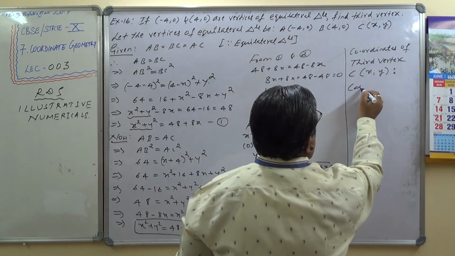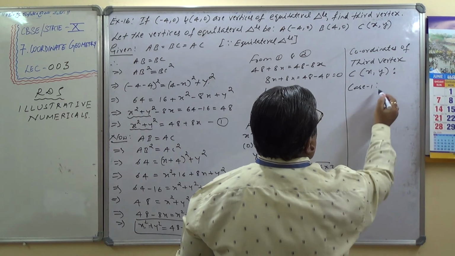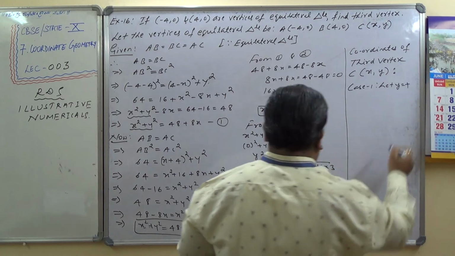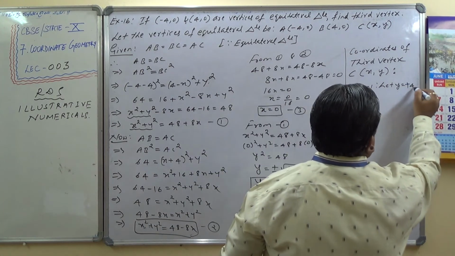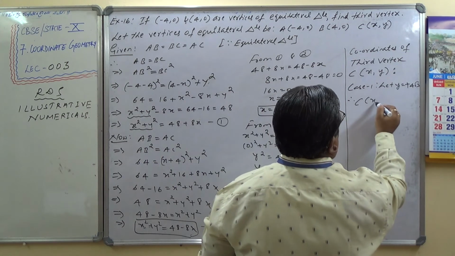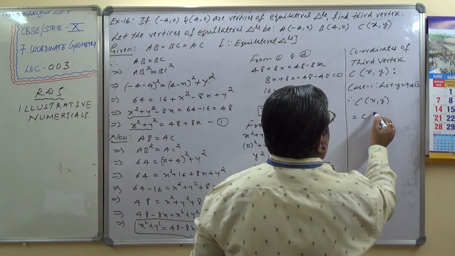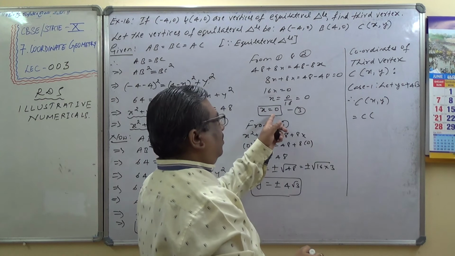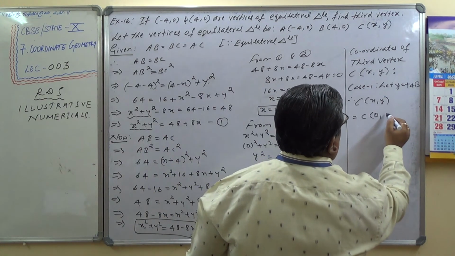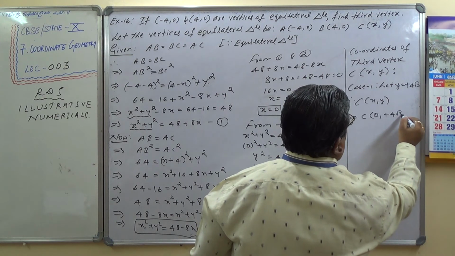Case 1, let y equals plus 4 root 3. Therefore C x comma y equals C, x is how much? 0, and what is the value of y? Plus 4 root 3. 0 comma plus 4 root 3.